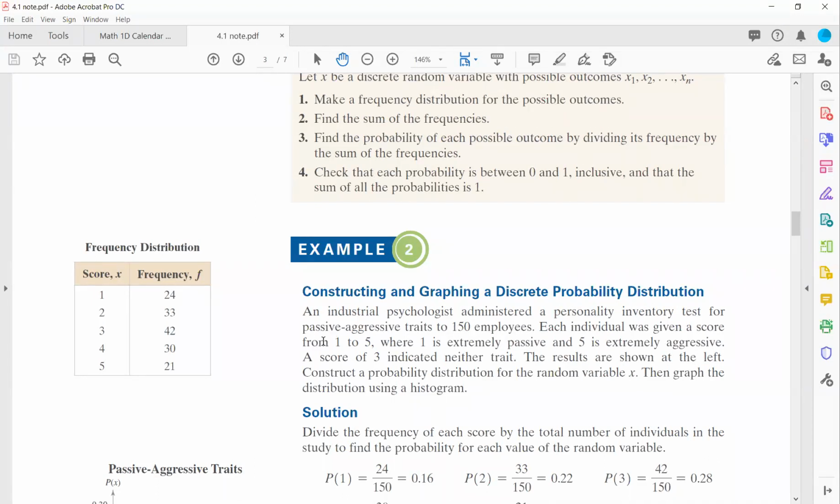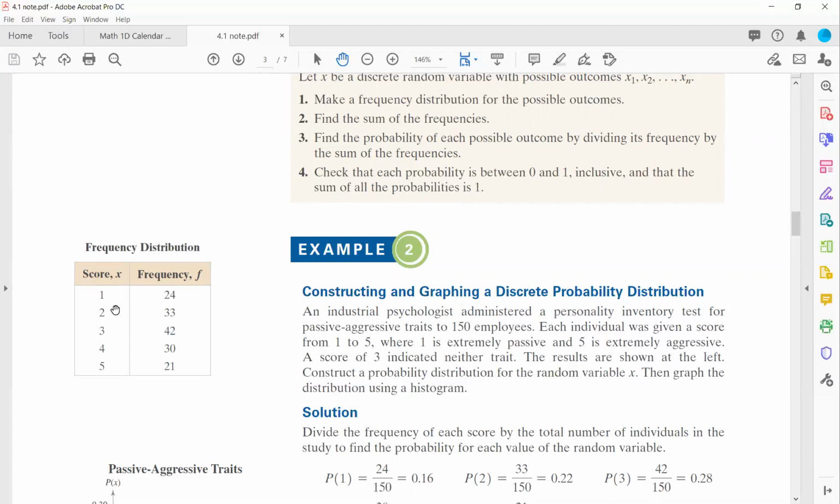Each were assigned a number between 1 to 5, where 1 is extremely passive and 5 is extremely aggressive. A score of 3 indicated neither trait. The results are shown at the left. So this is your table. Construct a probability distribution for the random variable X, then graph the distribution using a histogram.